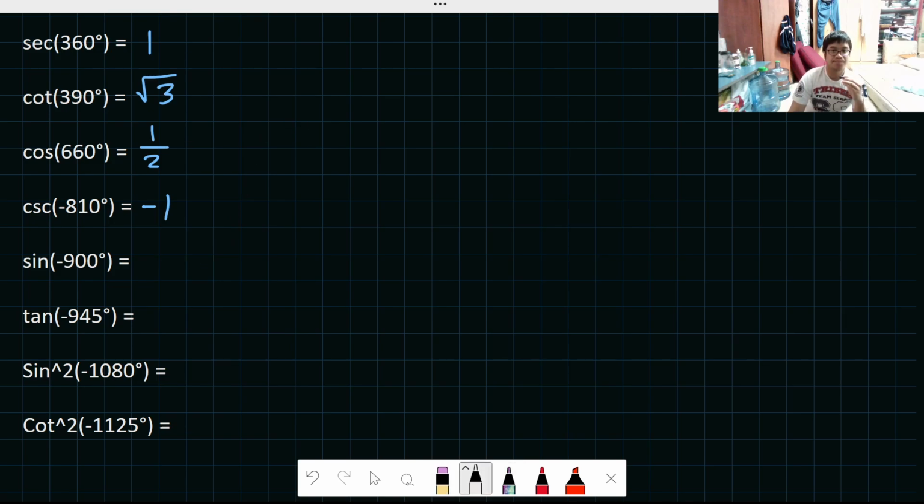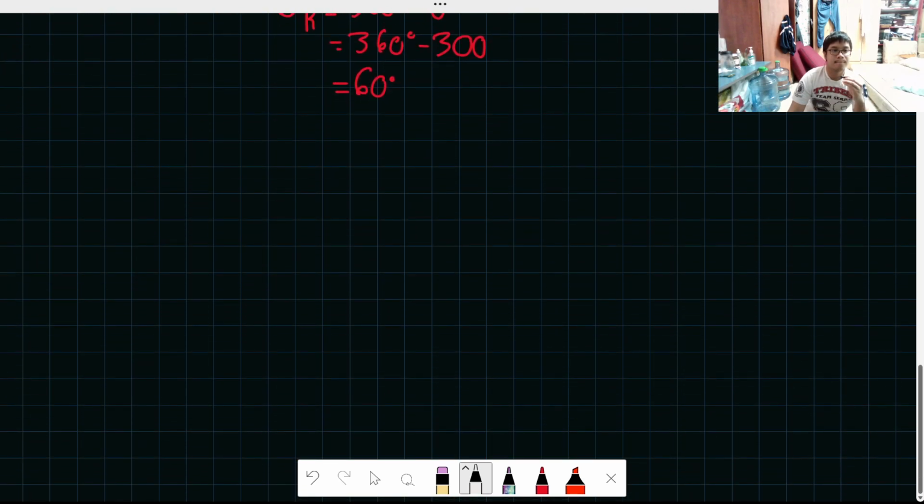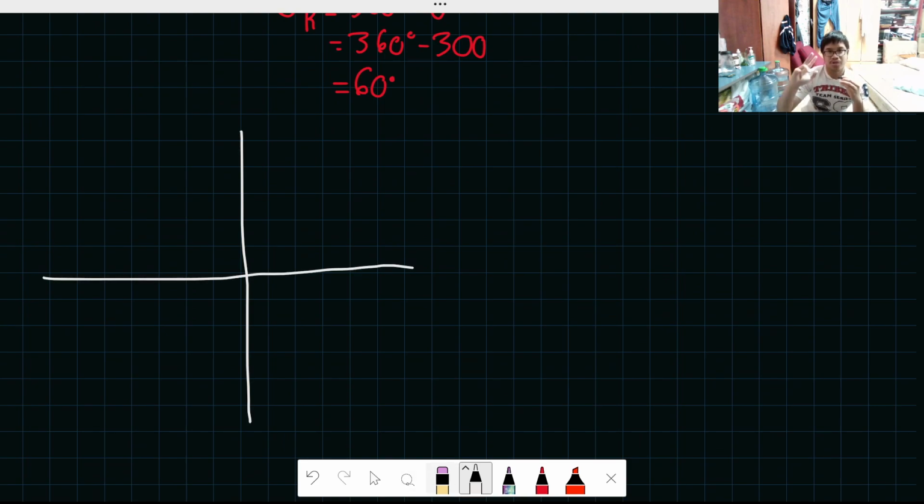So let's draw a graph here. All we need to do is put all the quadrantal angles based on a revolution. Let's start here first. We assume that counterclockwise will give you a positive angle.